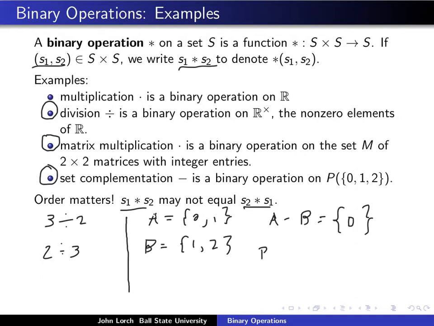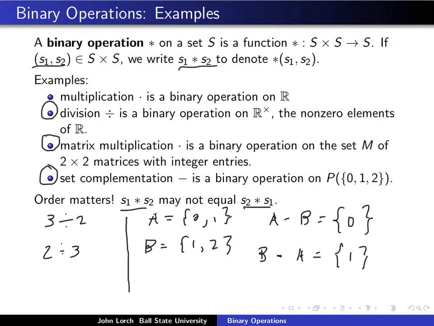Now we could also do B minus A. So here we're now looking for everything in B that's not in A, and that would just be 1. And notice that A minus B and B minus A give different results, so order really does matter.